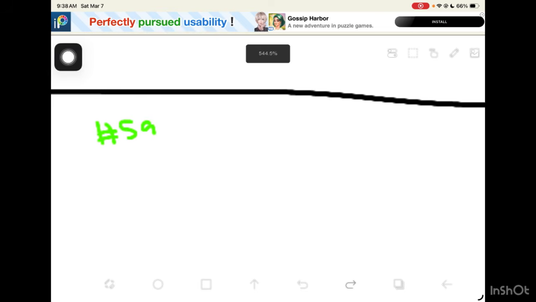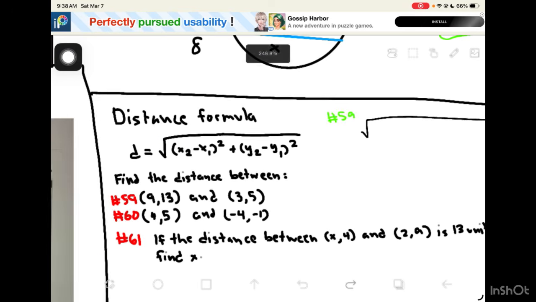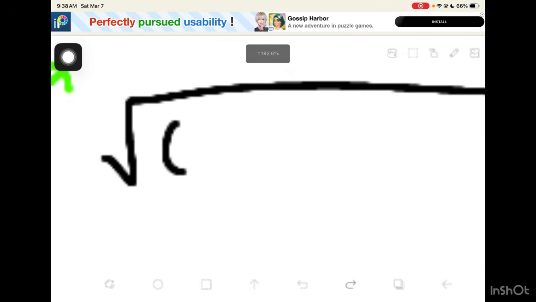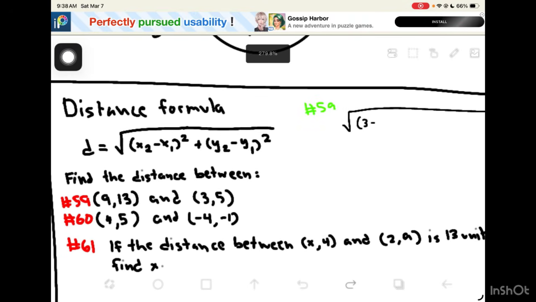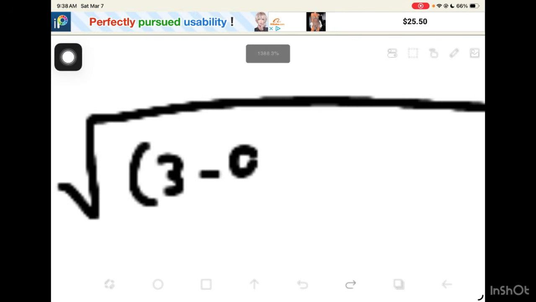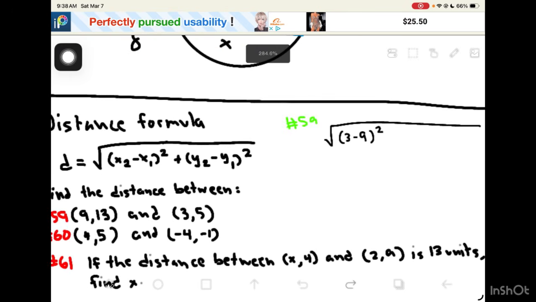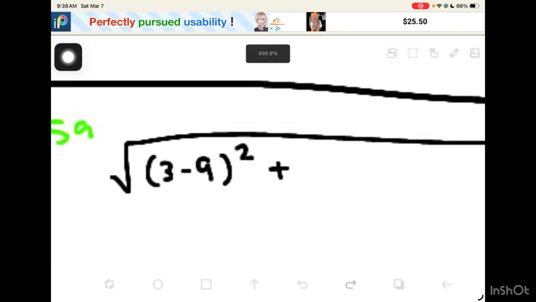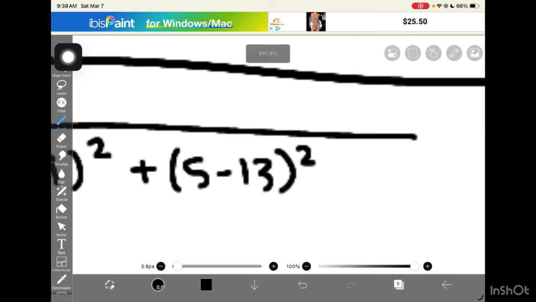If you put this in the calculator, the square root of x sub 2, which is this one, 3 minus 6, 3 minus 9 squared plus 5 minus 13 squared, that's equal to the distance.